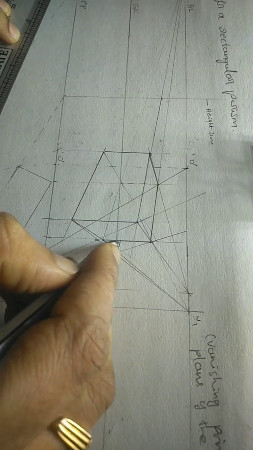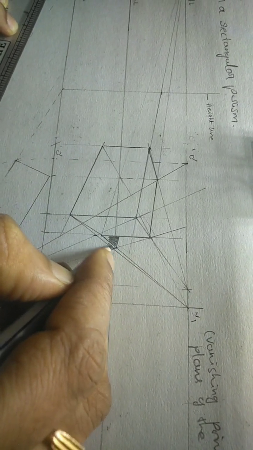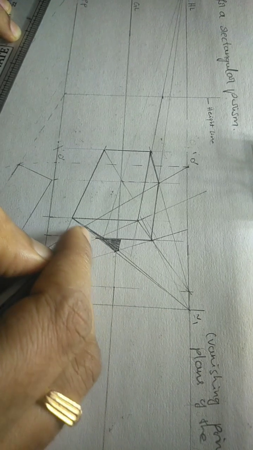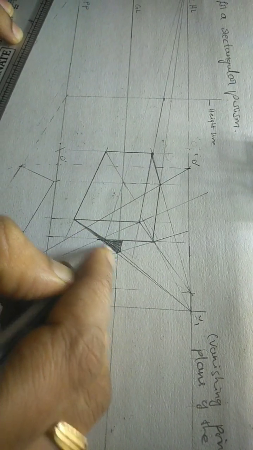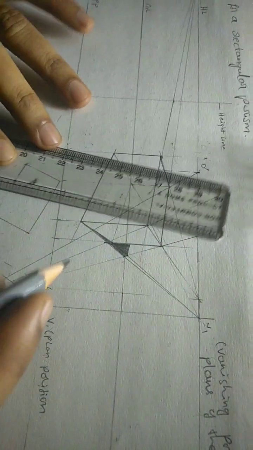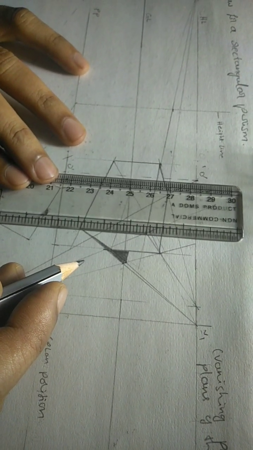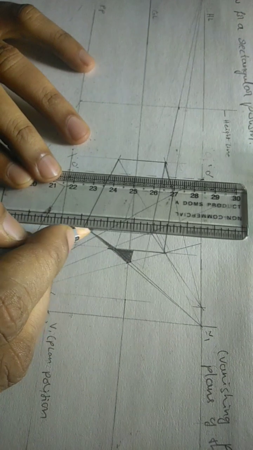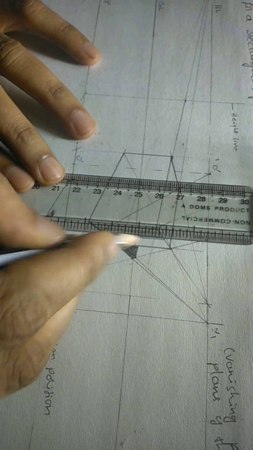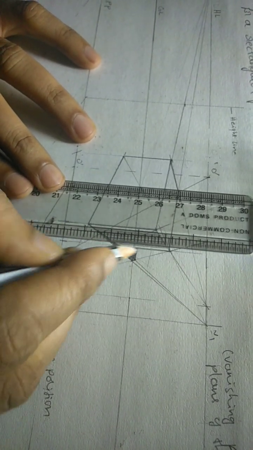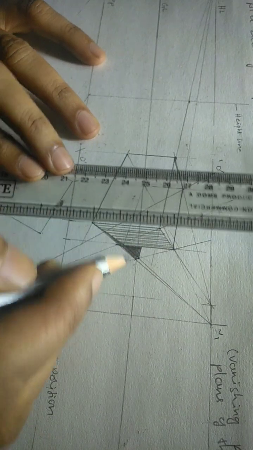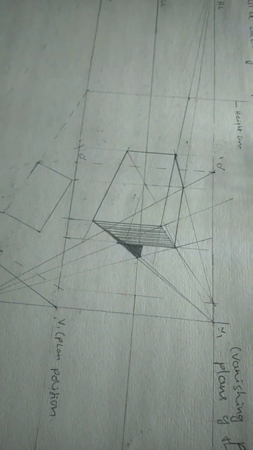This is the shadow of this object, and this is the shade. So this is how the object looks.